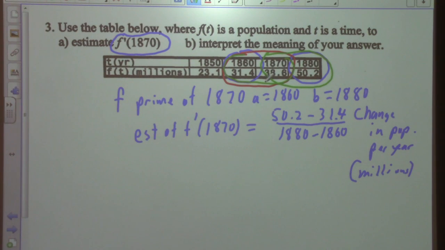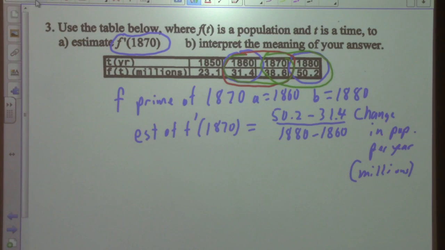No, we don't. But using the data in the table, we can estimate what it was. So this is an estimate of F prime, the instantaneous rate of change, using average rate of change.